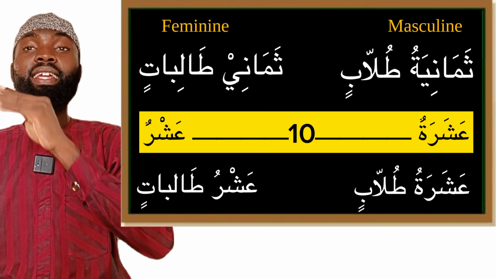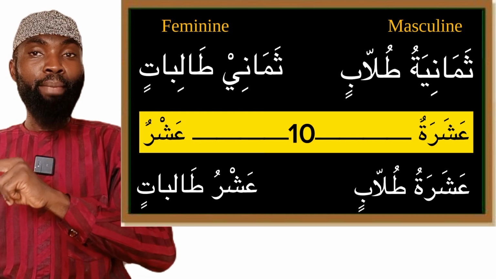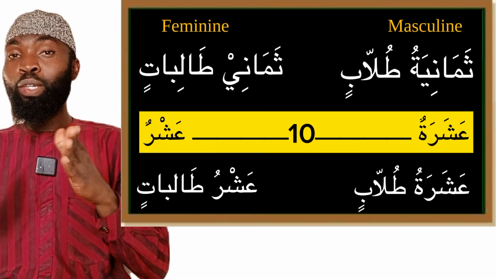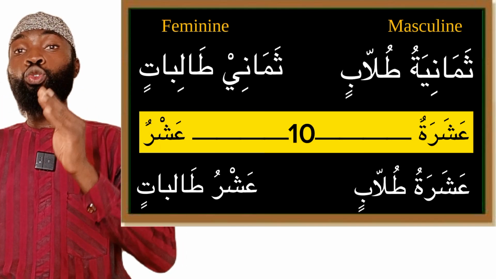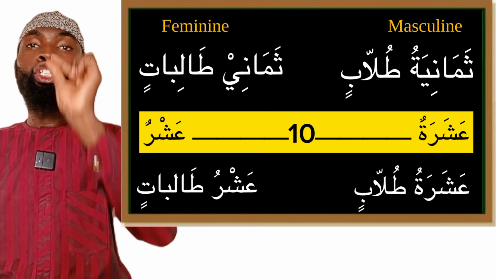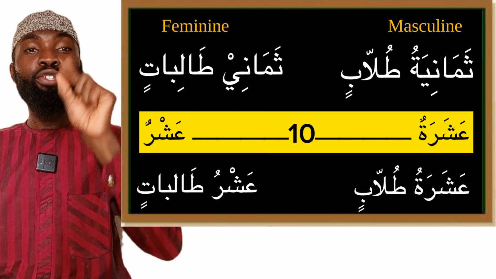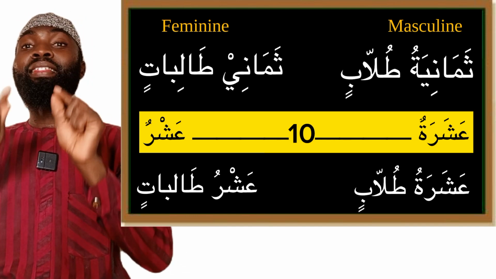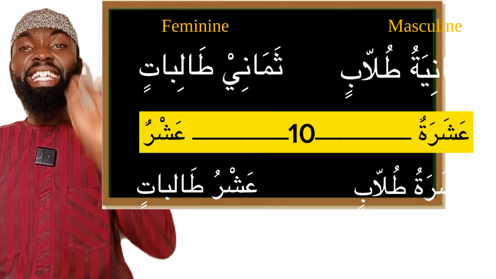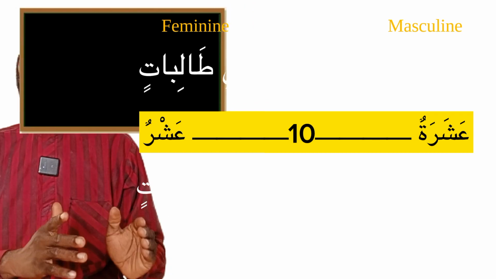That's why you have thalathatu rijalin, 3 men, and thalathu banatin. Another rule is that asharatu is used for masculine and ashru with sukun is used for feminine. And thamaniyatu is used for masculine, and thamani is used for feminine.